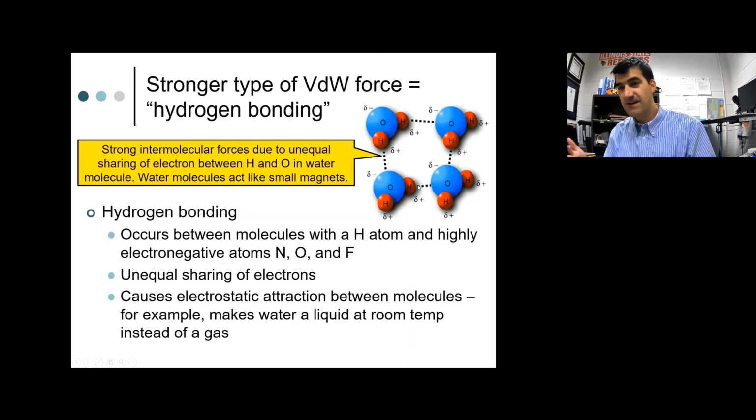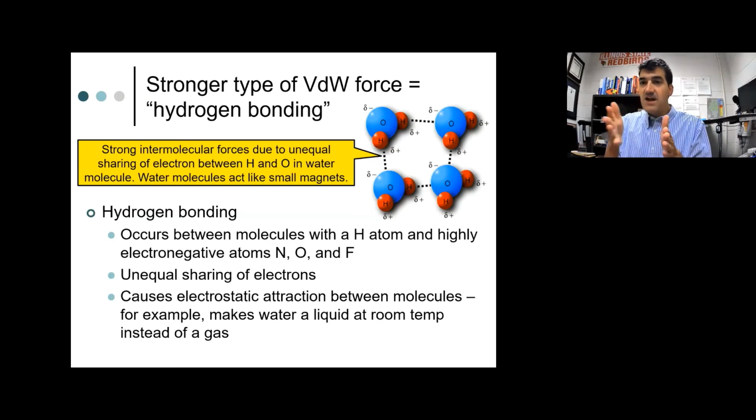So you have a relatively strong partial positive charge next to the hydrogens, and a relatively strong partial negative charge on the side where the oxygen is. And so water is called a polar molecule.